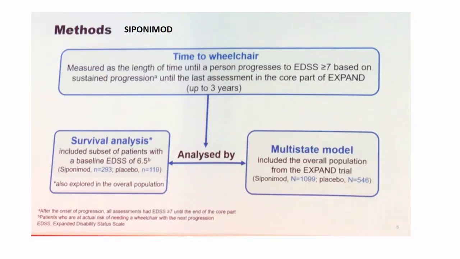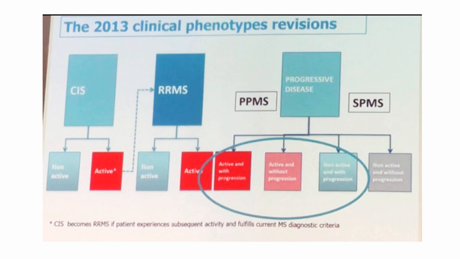And we are in fact treating those with active disease and progression, those with active disease but without progression, and those who are not active but show evidence of progression. So these are the patient groups which we are treating. We are not now treating those who are not active or not progressive.